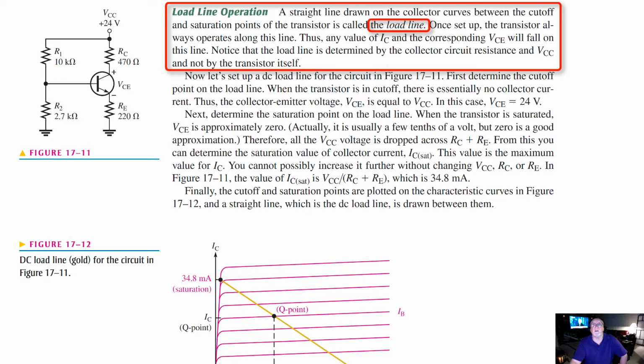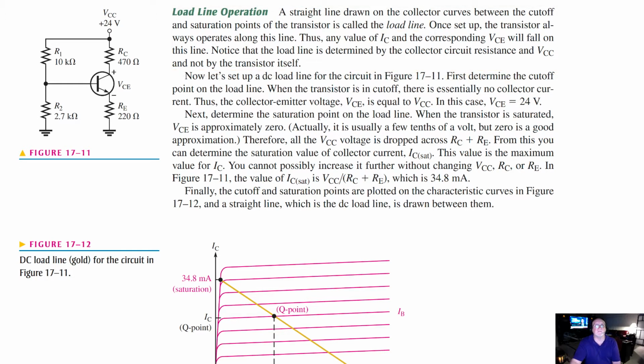Thus, any value of collector current and the corresponding voltage VCE will fall on this line. Notice that the load line is determined by the collector circuit resistance and VCC, and not the transistor itself.